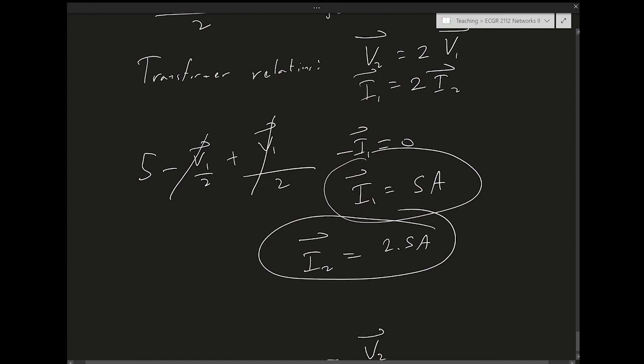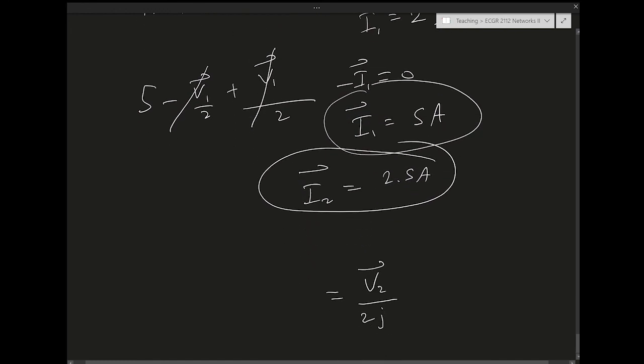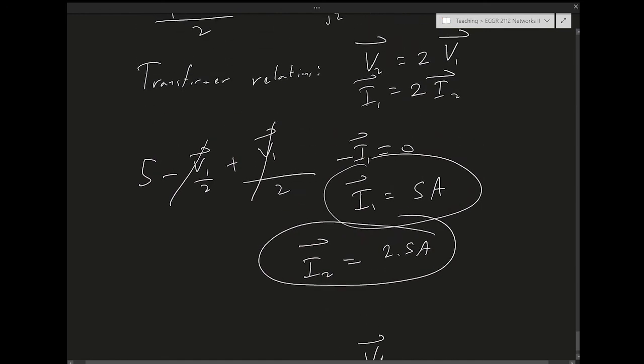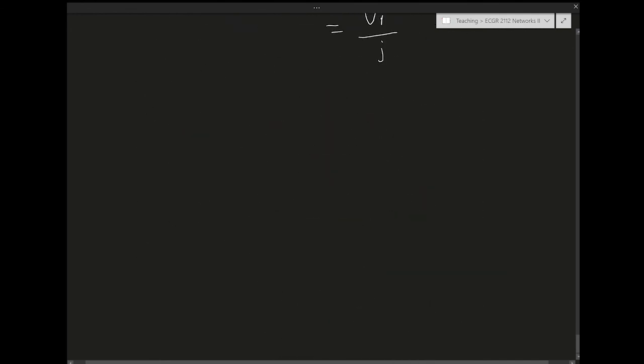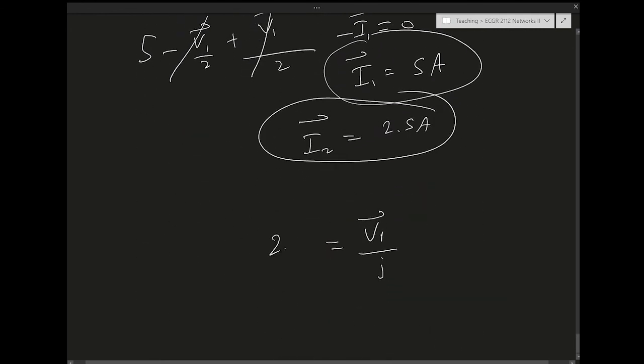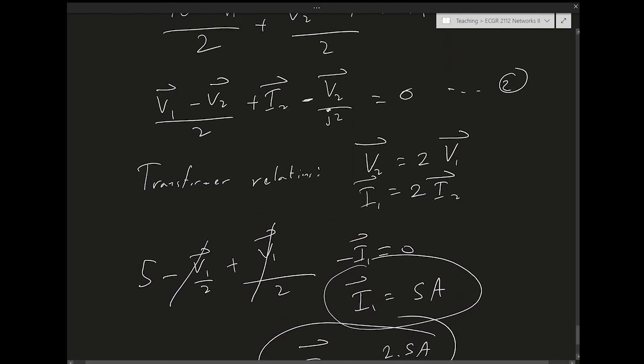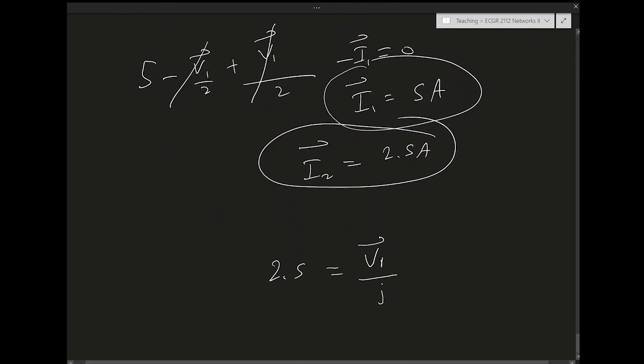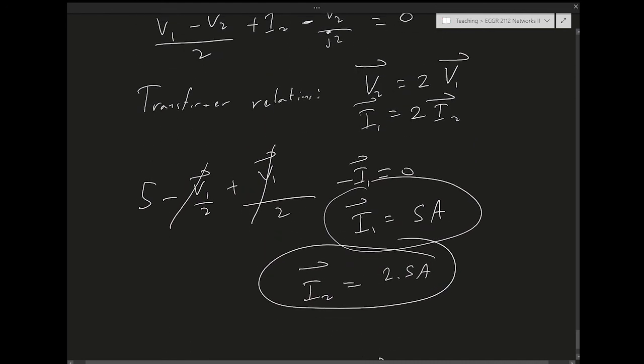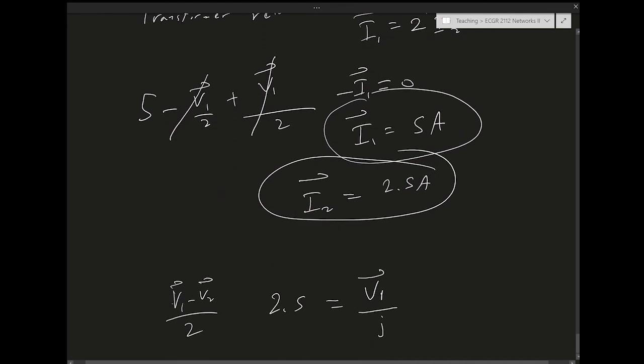I know that V2 equals 2V1, so this is going to be V1, since the 2 cancels with 2. And then this equals I2, and we know I2 equals 2.5. And then V1 minus V2 over 2, but we know that V2 is just 2V1, so it's going to be V1 minus 2V1, which is minus V1 over 2.